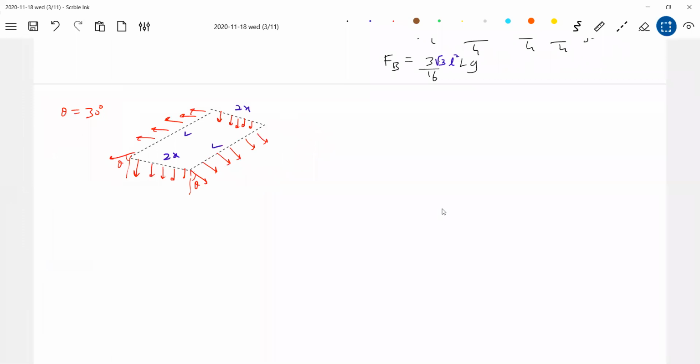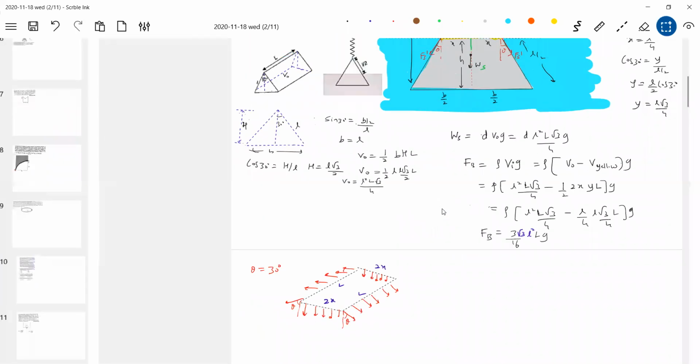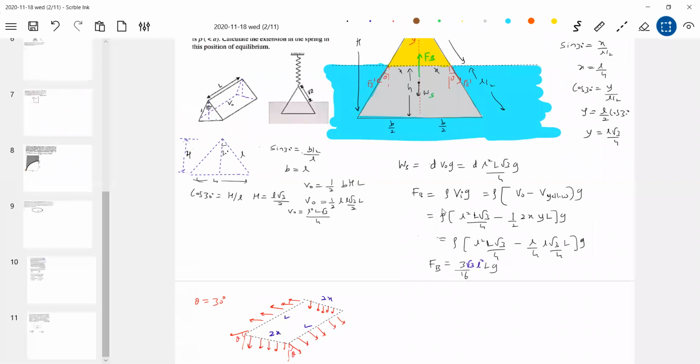Looking at this diagram, let's write force due to surface tension. It should be equal to 2x ST, plus this will be L, ST cos theta. And this will be how much? Again, one more L, ST cos theta.